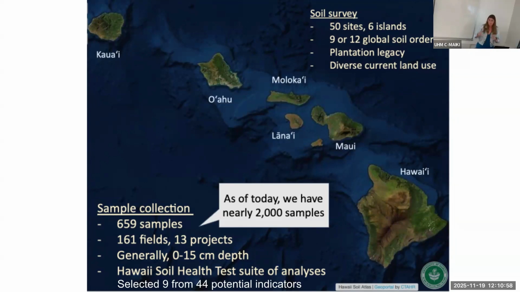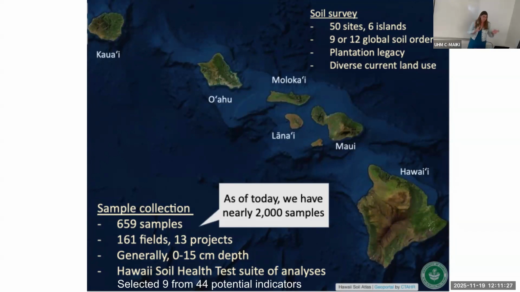The approach that we took is there are 44 potential indicators that you see folks using more broadly. You can't measure 44. Not all 44 are going to be applicable here, nor are they going to be sensitive, realistic, feasible, economic. So we tested all 44 and then selected 9 of the most sensitive, reliable indicators that we can routinely measure.